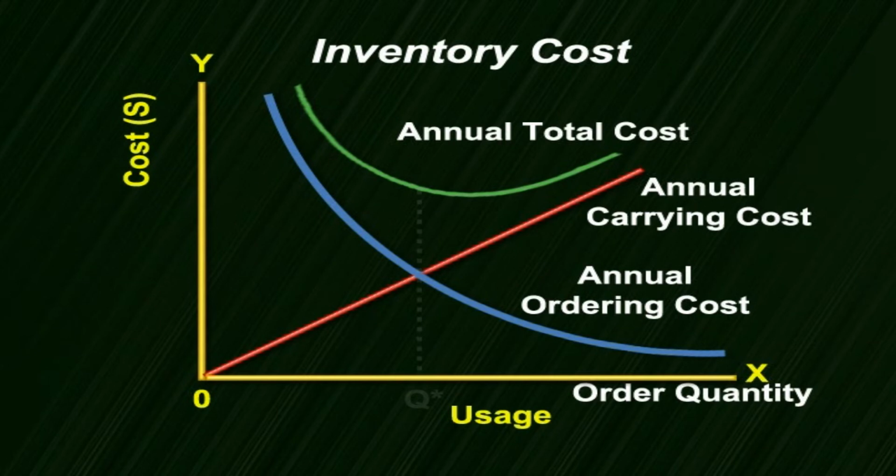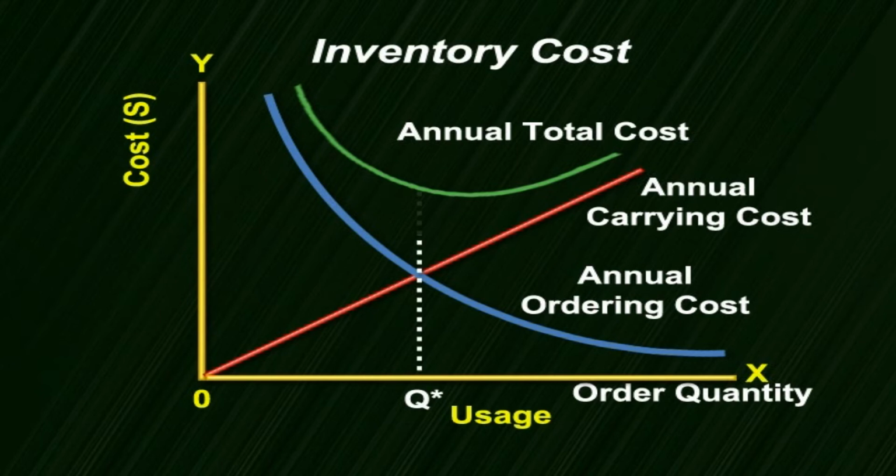It will be a U-shaped line for total cost. Now we will see where ordering cost and carrying cost are cutting each other. At that point, we will draw a perpendicular towards the x-axis. So we will get the economic order quantity.